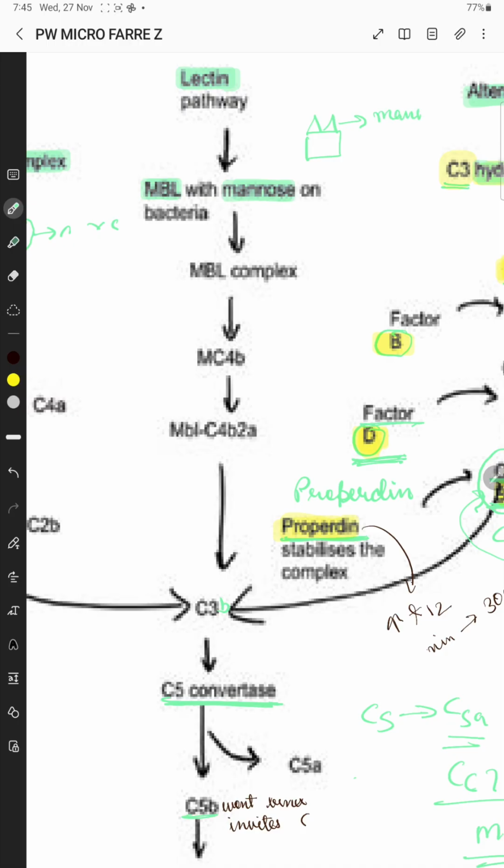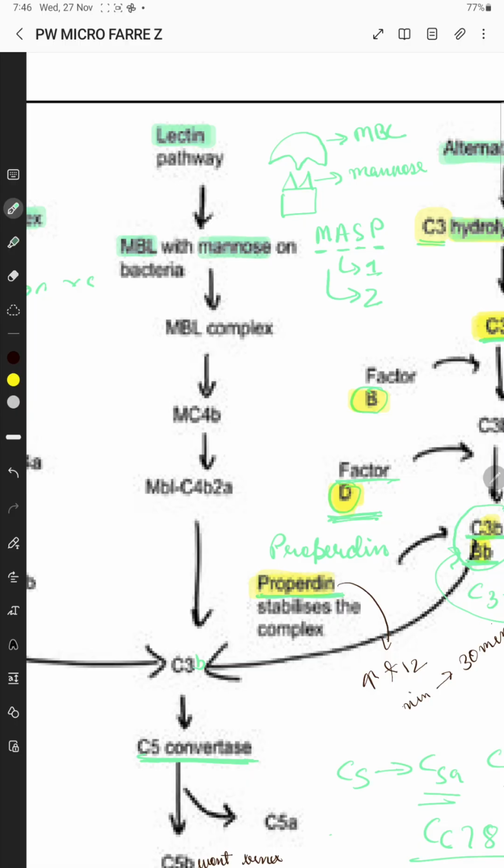These are the mannose present on the bacteria, and the mannose binding lectin will bind to these bacteria. Then there are MASPs, MBL associated serine proteases. These are associated with the mannose binding lectin. These are again of two types, MASP1 and MASP2.